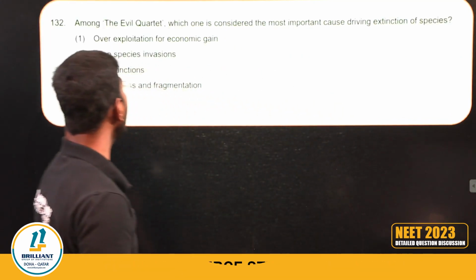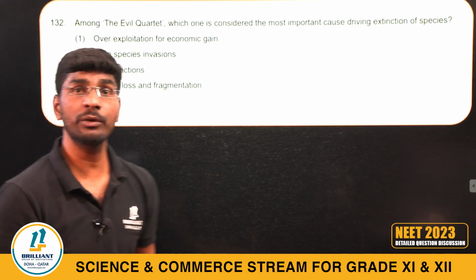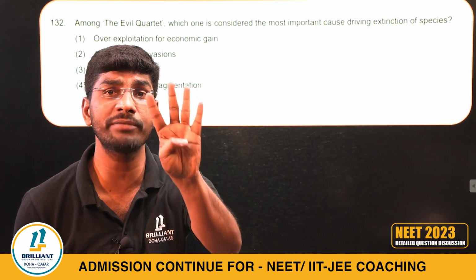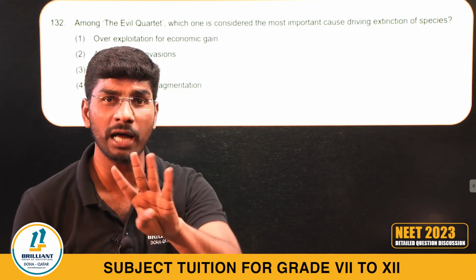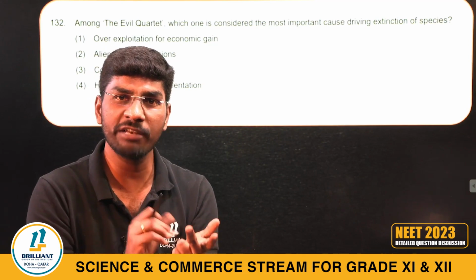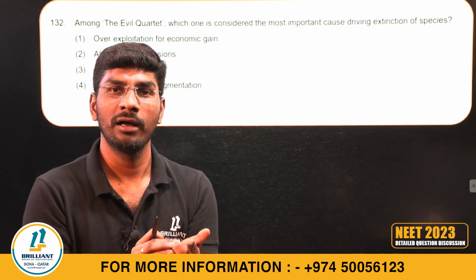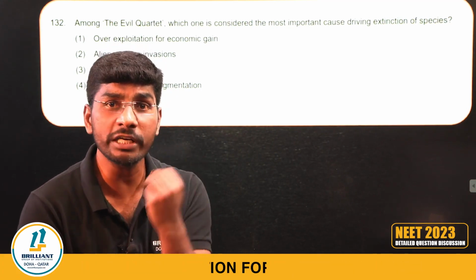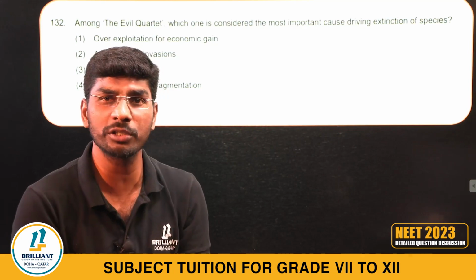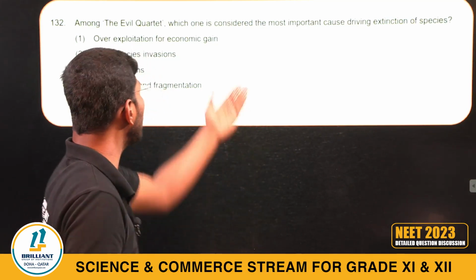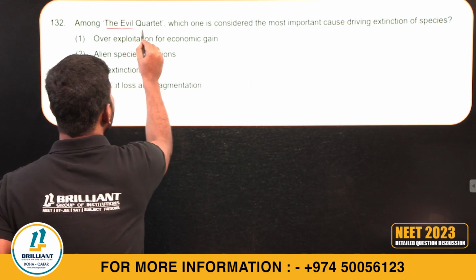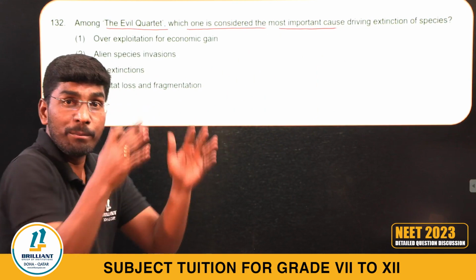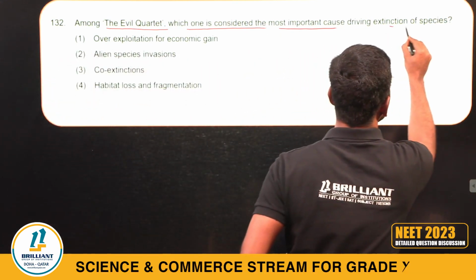Because of that, the iodine molecules cannot be held there. Next question is 132. The Evil Quartet, biodiversity chapter: we discussed four reasons behind the loss of biodiversity. Four reasons are there: habitat loss, alien species invasion, co-extinction, and the fourth one we discussed was overexploitation. Among the evil quartet, which is considered the most important cause driving extinction of species?